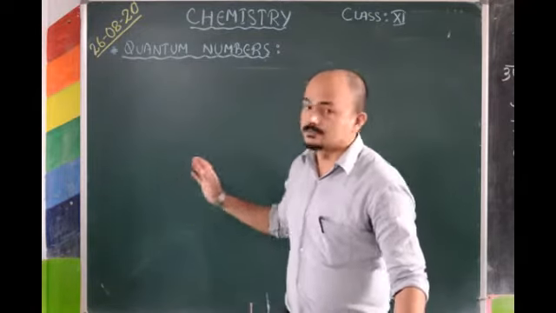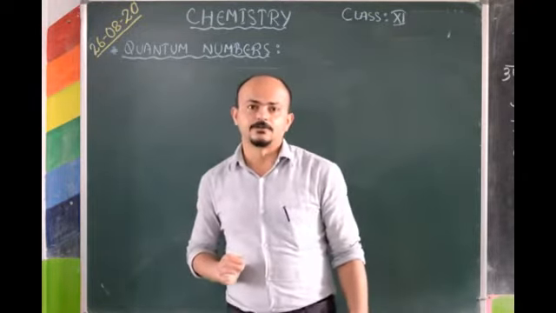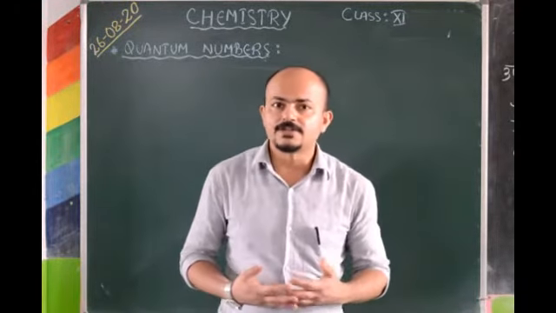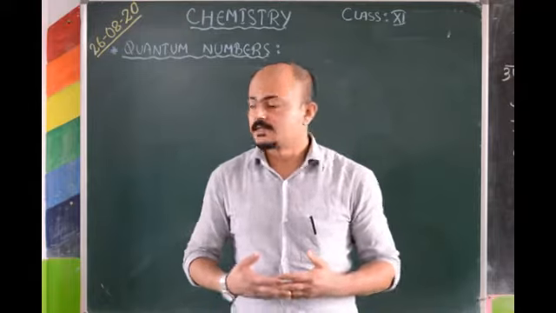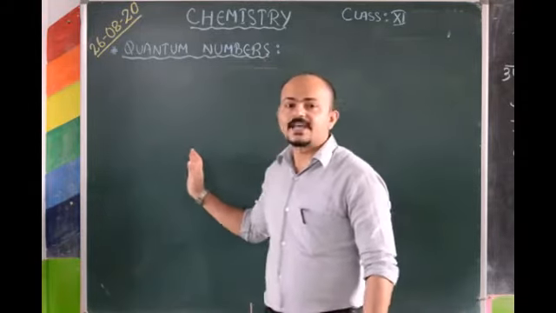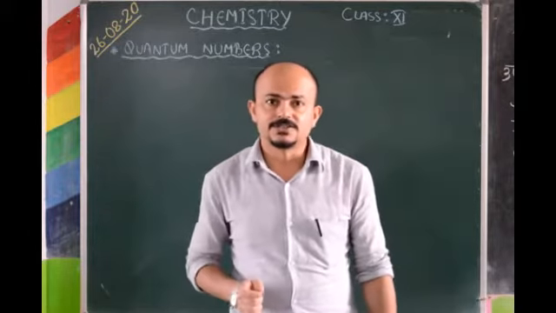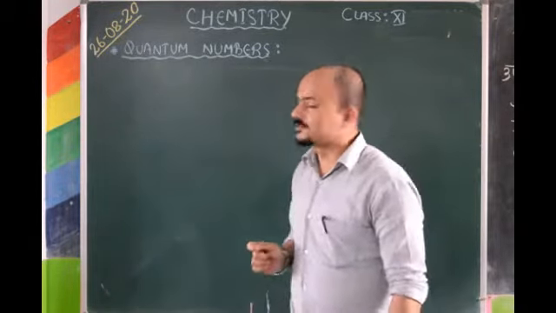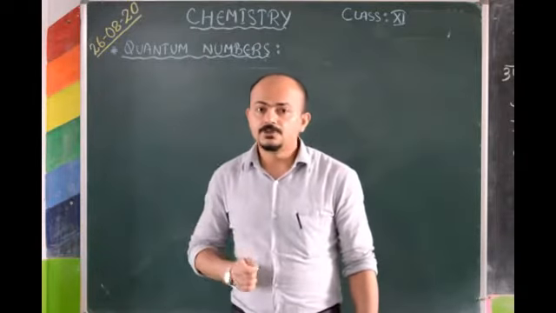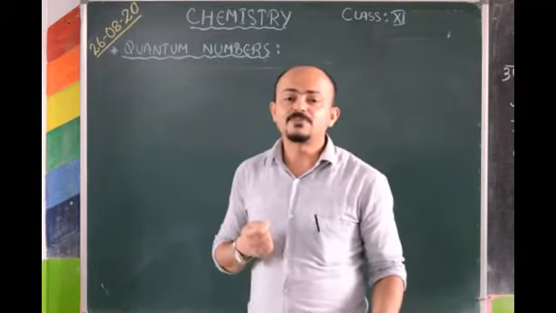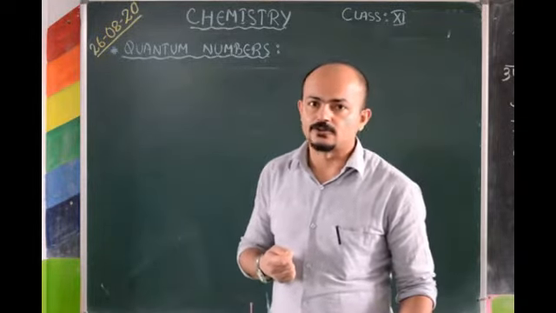Now these quantum numbers are very useful, in the sense that a person's complete address lets us know his exact location. Similarly, when we know these quantum numbers, we are able to know the complete address of an electron.